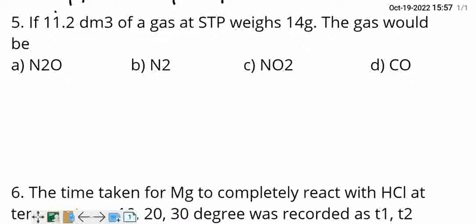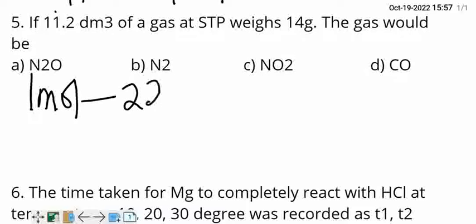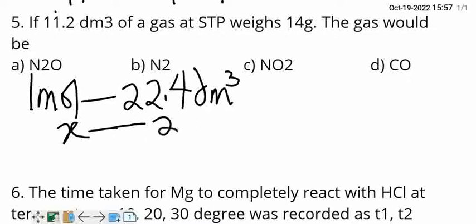Now, we know that 1 mole of any gas occupies 22.4 dm cube at STP. 1 mole of any gas has a mass that is the same as the molar mass.